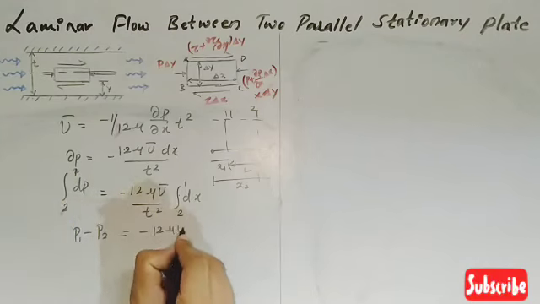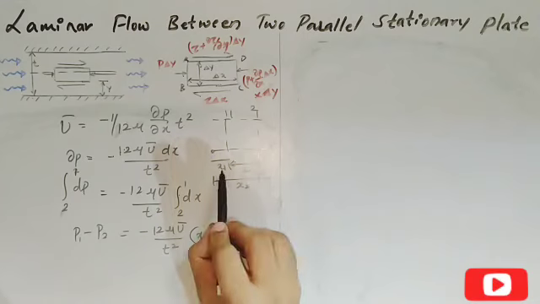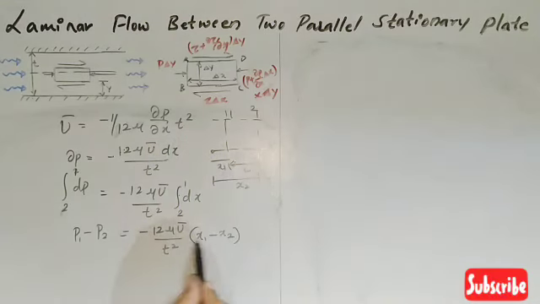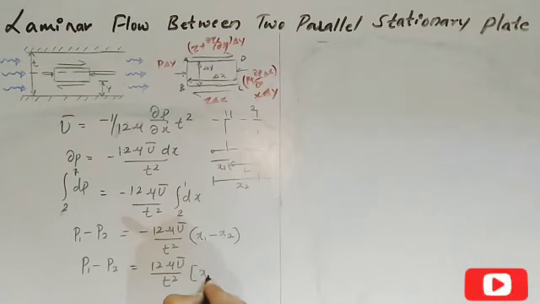Now from the figure, by observing it, I can say that x2 minus x1 will be equal to L. If I take this minus inside, the equation becomes x2 minus x1. So p1 minus p2 will be equal to 12 mu u bar by t square into x2 minus x1.